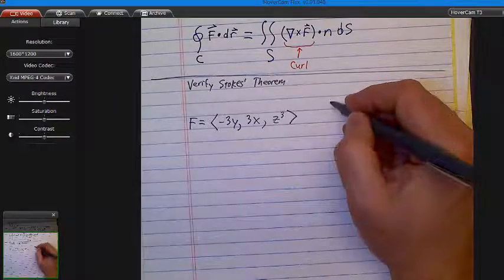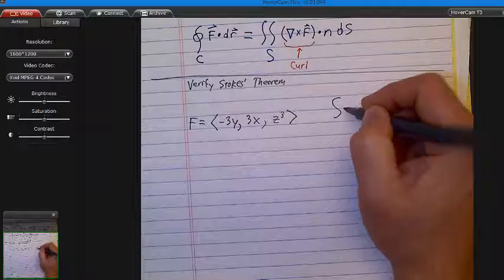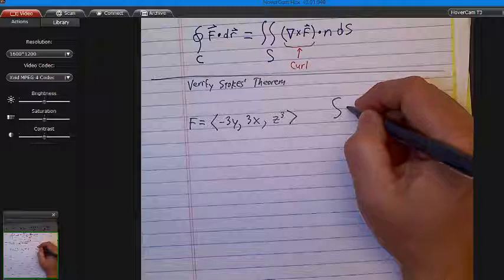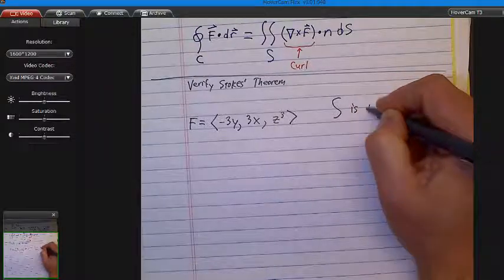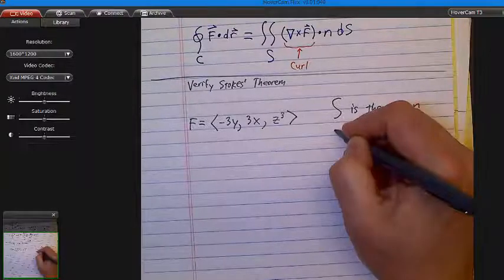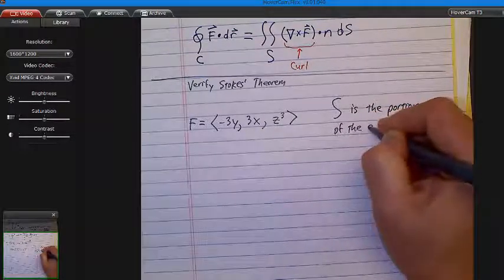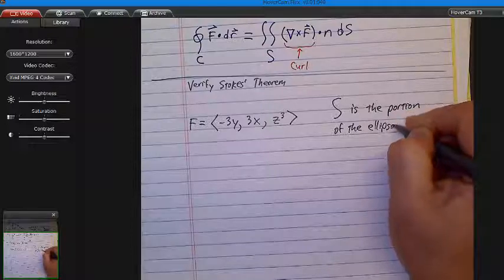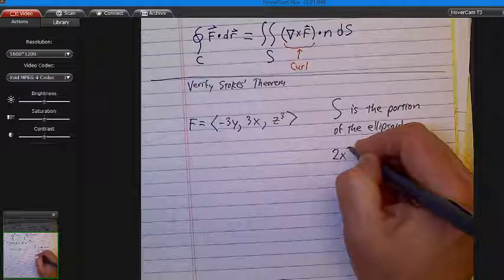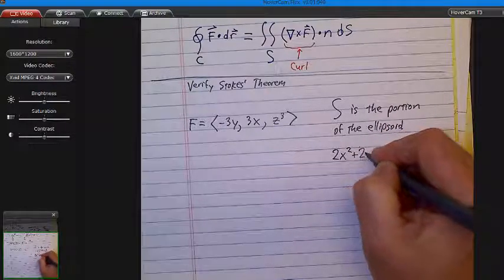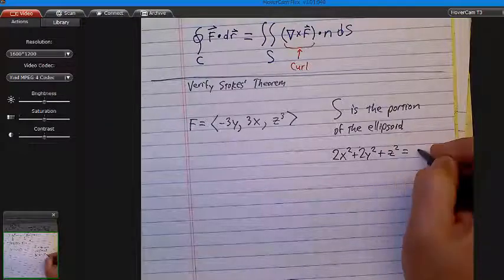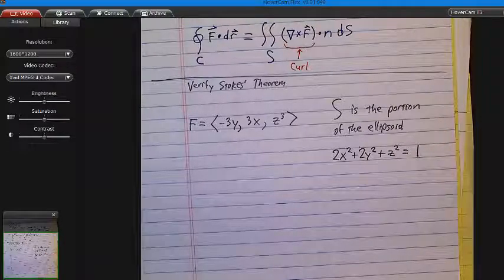So if S is the portion of the ellipsoid. Well, when I write the equation, you'll probably understand. 2x squared plus 2y squared plus z squared equals 1.